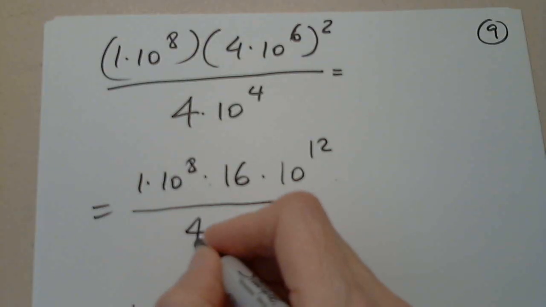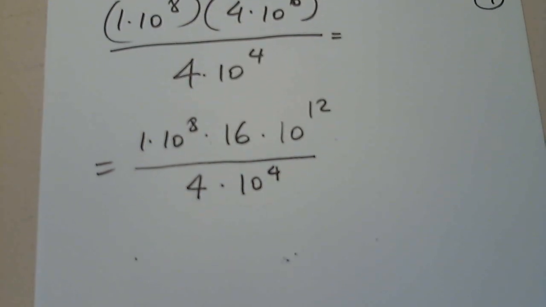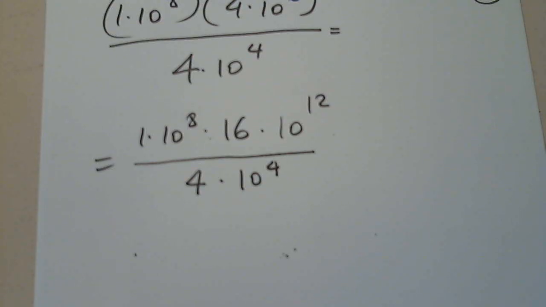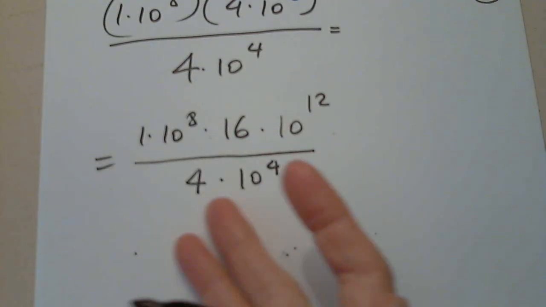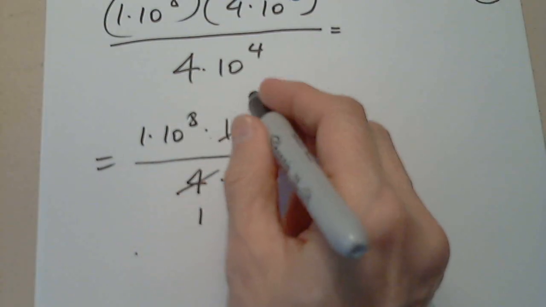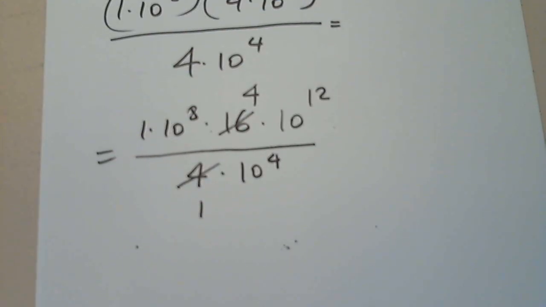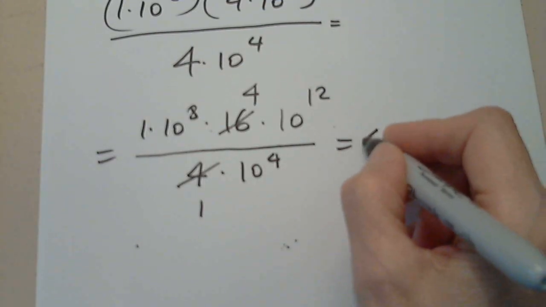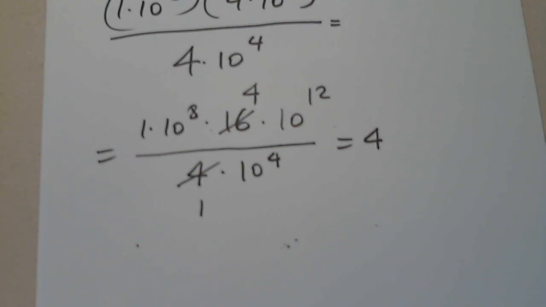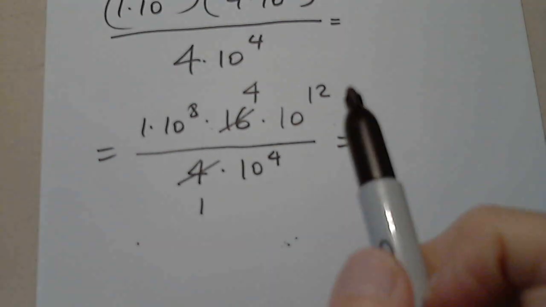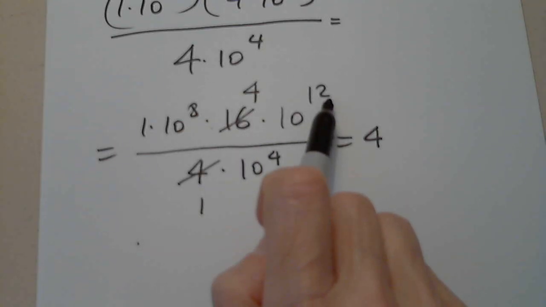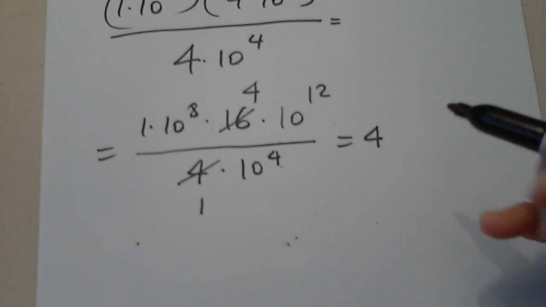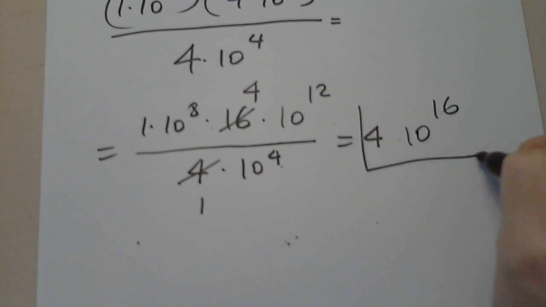The denominator is 4 times 10 to the 4th. I know you remember I said, please never multiply before you try to simplify. And of course, they're all factors. I'll simplify by 4. I have 4 times 1 in the front, so it's 4. And now I have power 8 plus 12 is 20. Subtract 4. So times 10 to the 16th power.